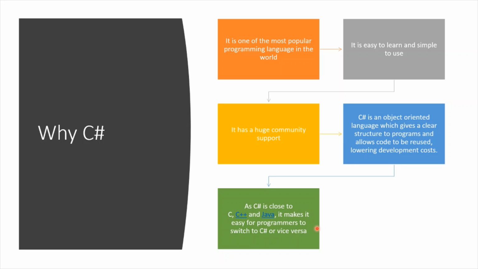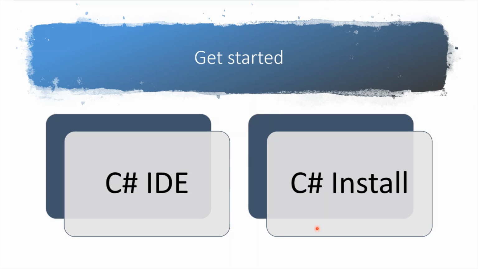Let's say you are experienced with C++, then you can easily switch to C Sharp. If you are experienced with Java, then you can easily switch to C Sharp. Even if you are experienced with Python, PHP, Scala, or any other language, you can easily switch to C Sharp. So then, let's get started.